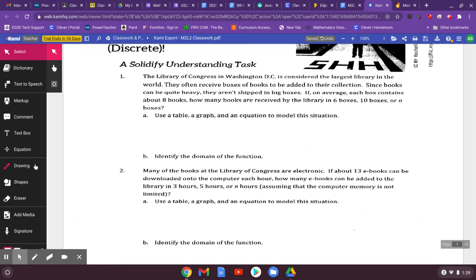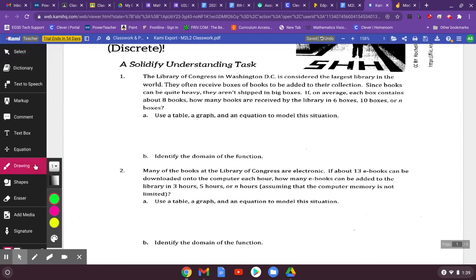They often receive boxes of books to be added to their collection. Since books can be quite heavy, they aren't shipped in big boxes. If on average, each box contains about 8 books, how many books are received by the library in 6 boxes, 10 boxes, or in n boxes? So now we want to find an equation.